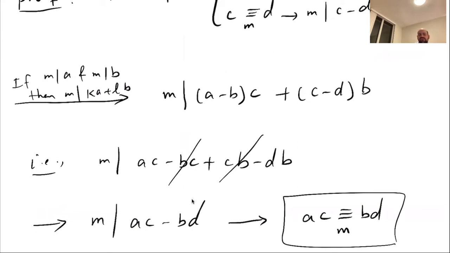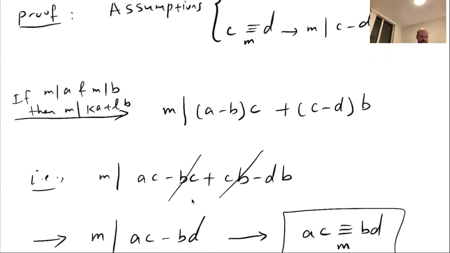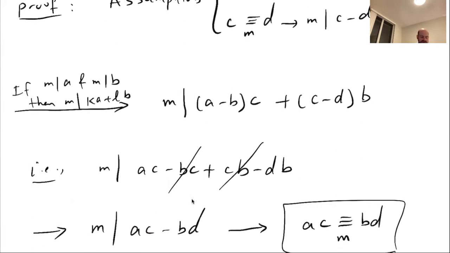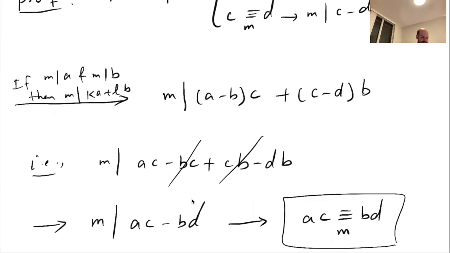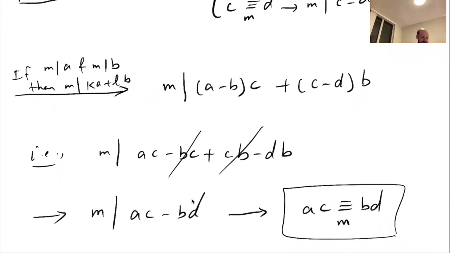If M divides AC minus BD, that means AC and BD are congruent. Okay, so if we have two congruences, then we can multiply left-hand sides together, right-hand sides together. So this is what this property says, and we also proved it.